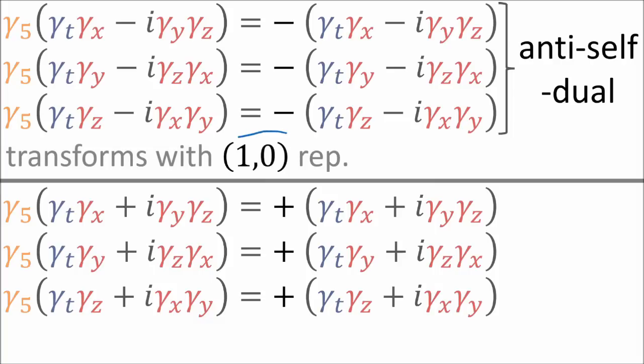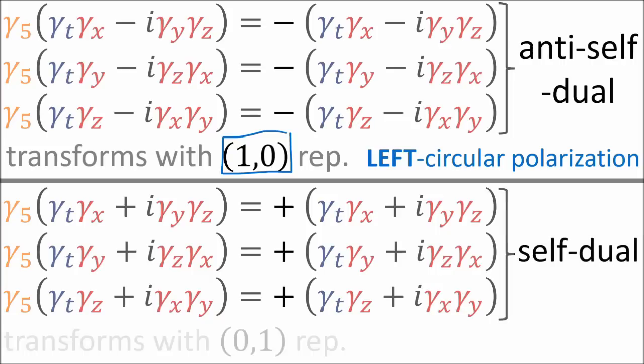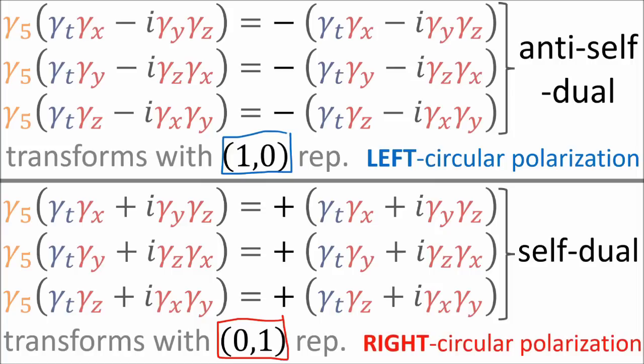These transform with the 1, 0 Lorentz representation, and correspond to left circularly polarized electromagnetic waves. The bivectors with eigenvalue +1 are called self-dual bivectors. These transform with the 0, 1 Lorentz representation, and they correspond to right circularly polarized electromagnetic waves.